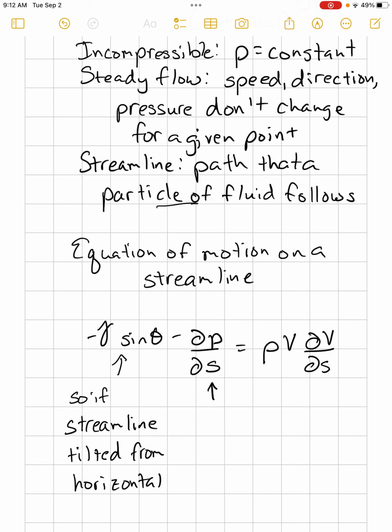This term, of course, is the change of pressure with respect to the direction the streamline is going. So S here is a generic term for the direction of the streamline, and we're looking at a small change in pressure over a small change in distance along the streamline, with respect to the direction the streamline is going.